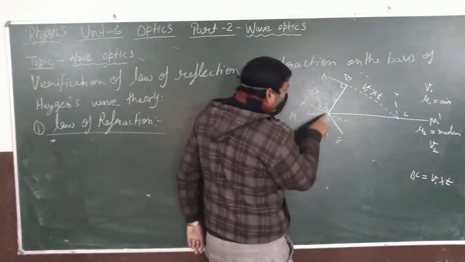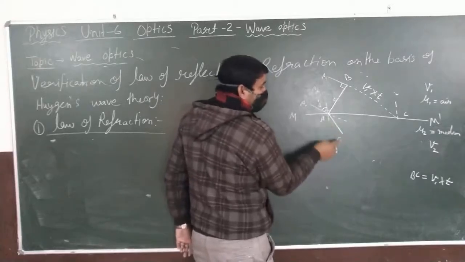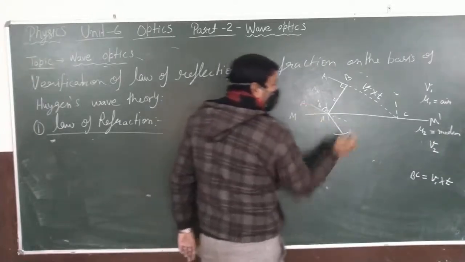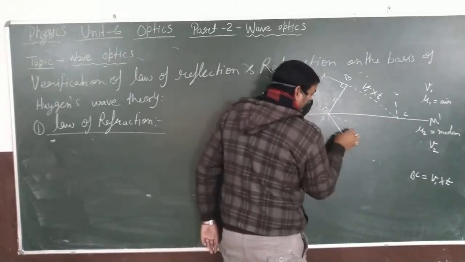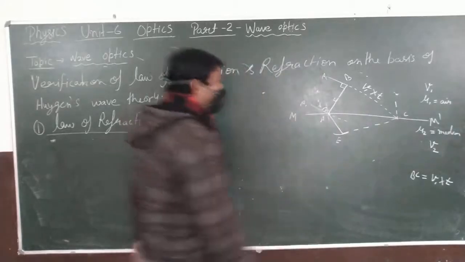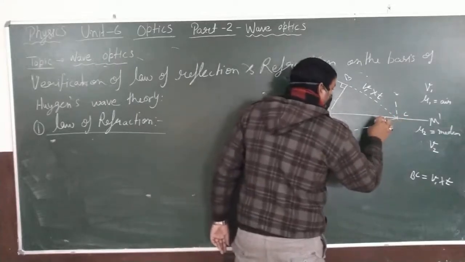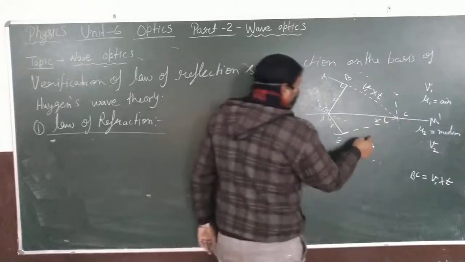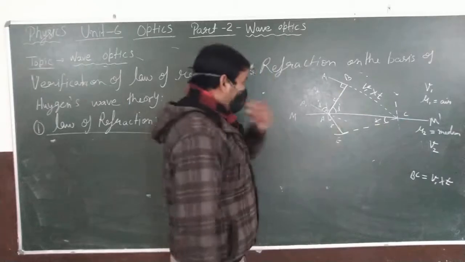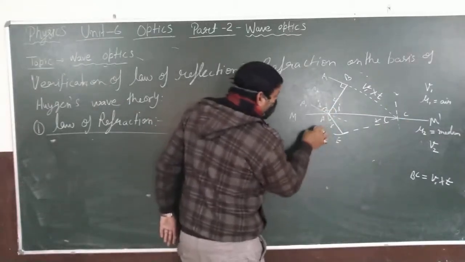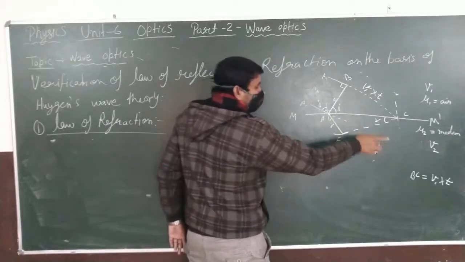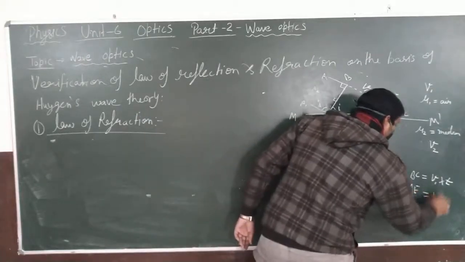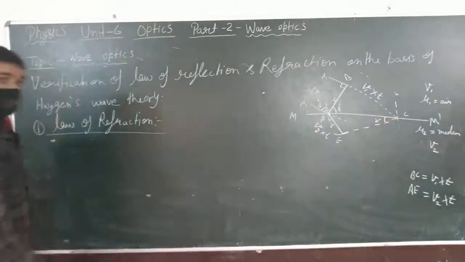Now, taking A as center and AE as radius, draw an arc at point E, and then this point is joined to C. So this is angle R, this is also equal to angle R, because this is the other refracted ray, and this angle is I. Here AE is the distance traveled by the ray in the second medium with speed v2, and in the same time t, that is AE equal to v2 into t. It is clear?